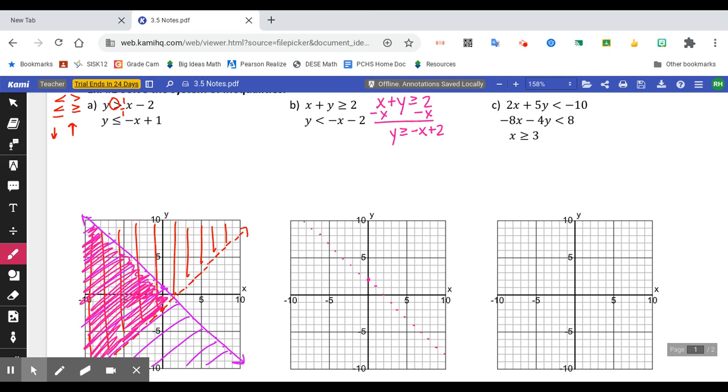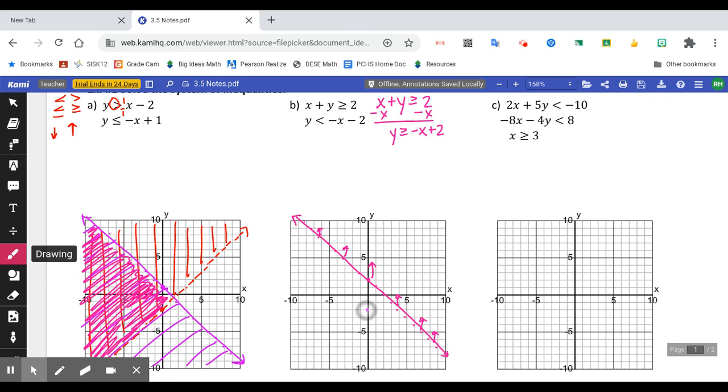This is going to be an equal to, so I'm going to draw a solid line. Okay, and it's greater than, so we're thinking everything above this line, up, up, up, this way. Okay, let's flip it over and do the other one.